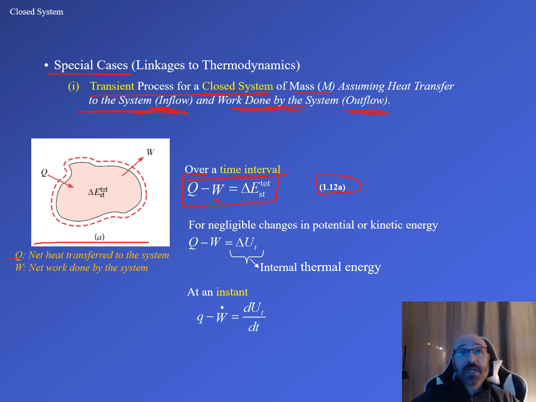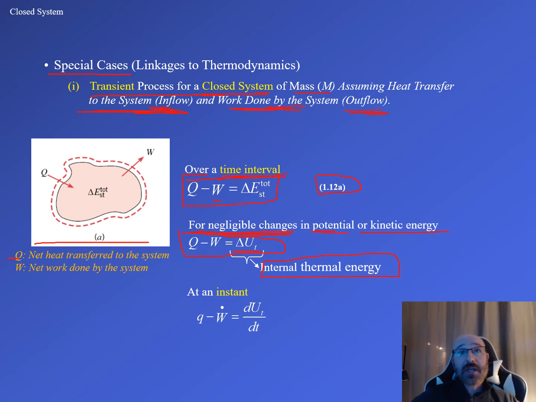Now, for the special case of negligible changes in potential or kinetic energy, whether it's stated in the problem or you've inferred that from whatever project you're working on, then we have this relationship that Q minus W, or our inflow minus our outflow, is going to be equal to delta U sub T, which is also known as the internal thermal energy. And this is just for the cases when there are negligible changes in potential or kinetic energy.